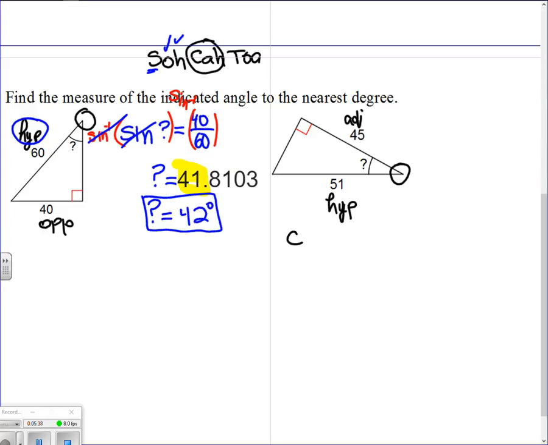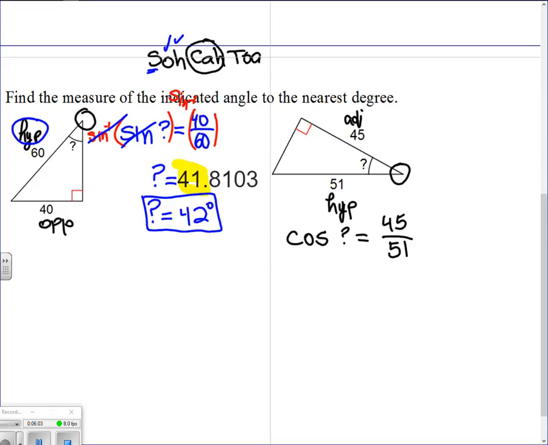So we're going to do the cosine of the angle, and the angle, I don't know what it is, so I'm going to put a question mark, is equal to the adjacent. Adjacent is 45 divided by the hypotenuse. Hypotenuse is 51. Now I need the question mark by itself. I need to get rid of cosine.